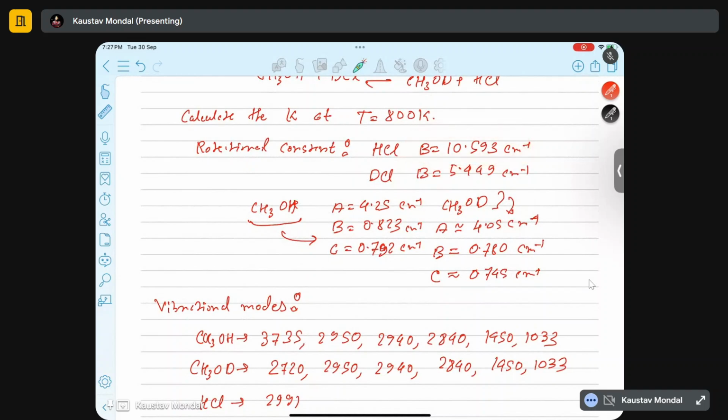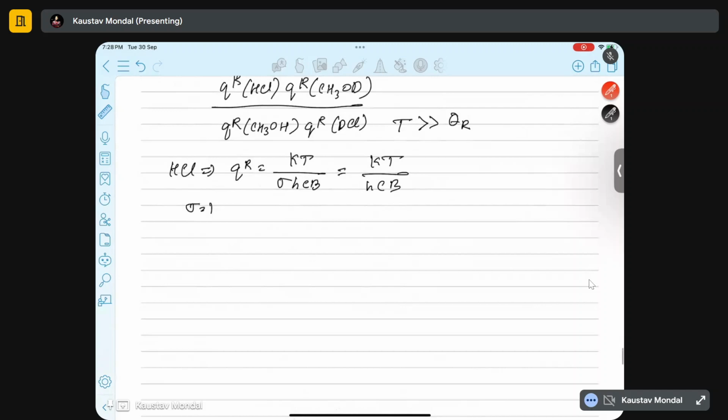Similarly, for CH3OD, QR would be this expression.